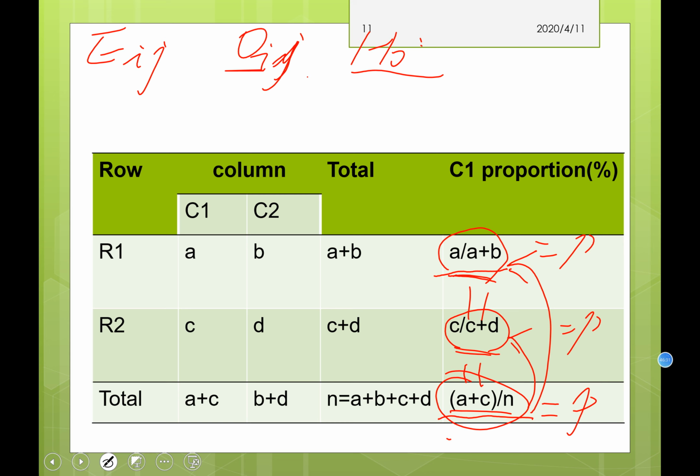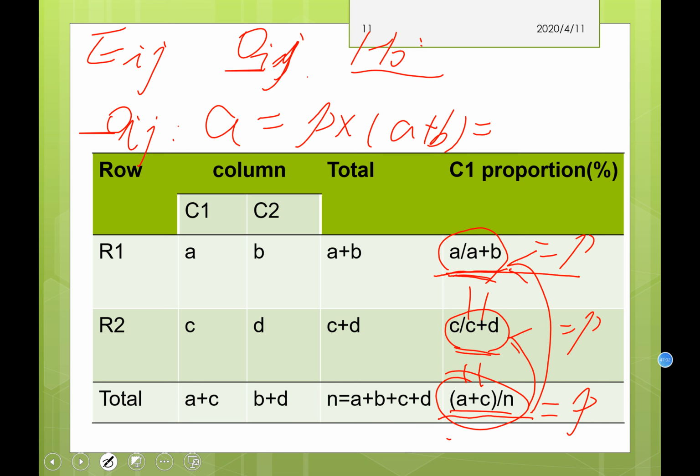So here, if we use P times the total of group 1, what can we get? Actually, if P equals A divided by A plus B, we can get A, right? And we said that A is OIJ, the observed frequency.